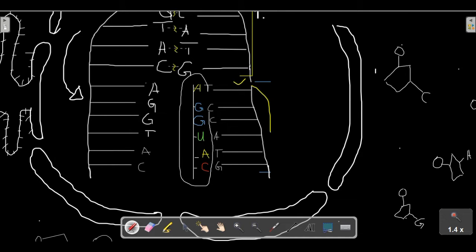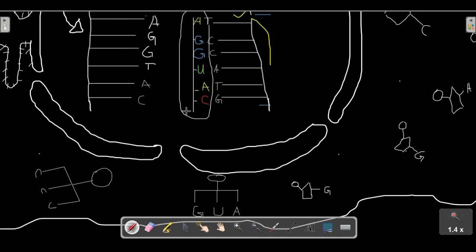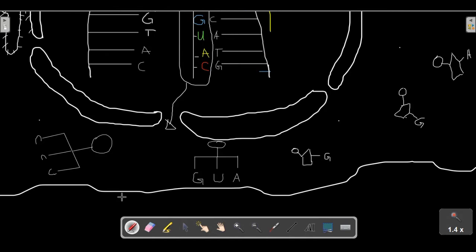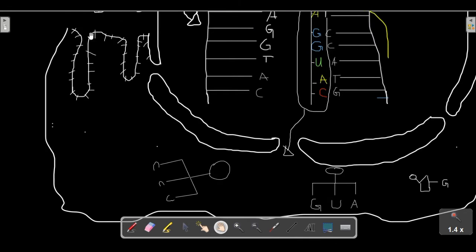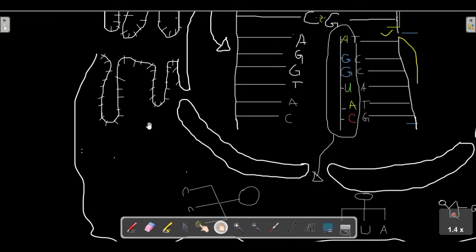Now the next step, because we have created that, is that it goes through the nucleopores, and then, of course, waits or sits on the ribosomes.